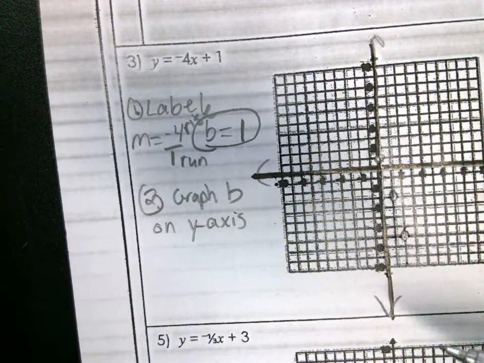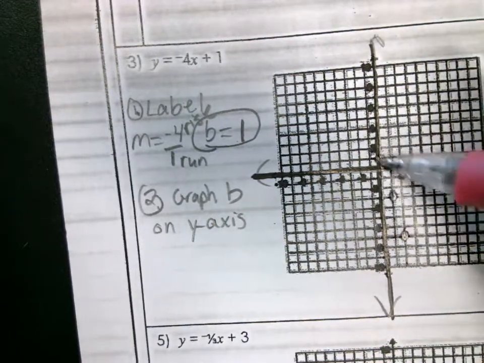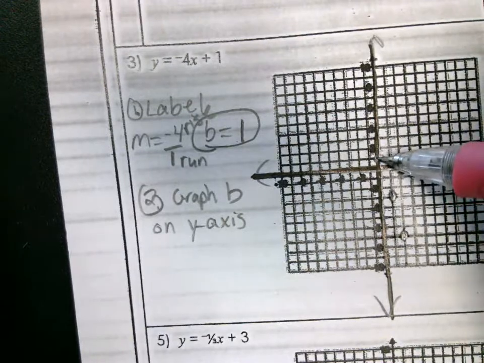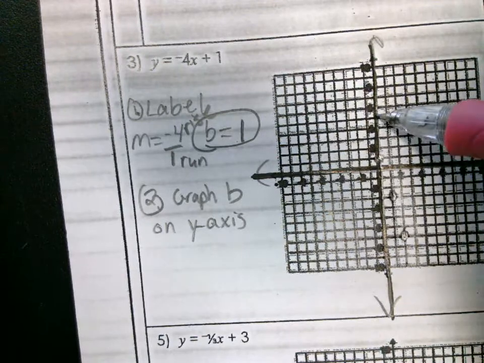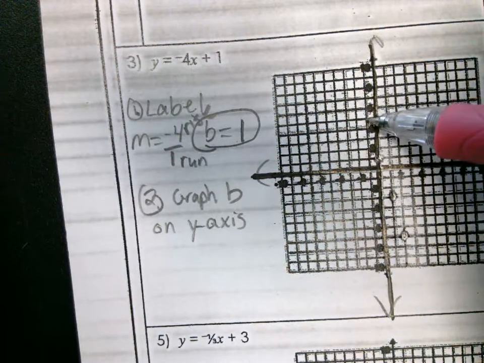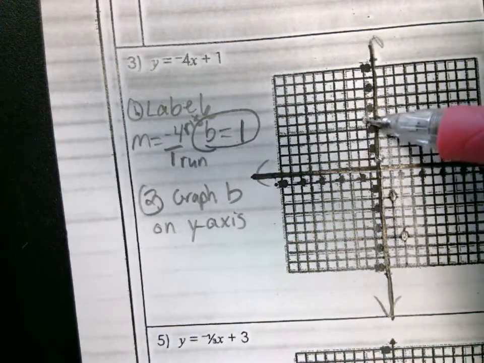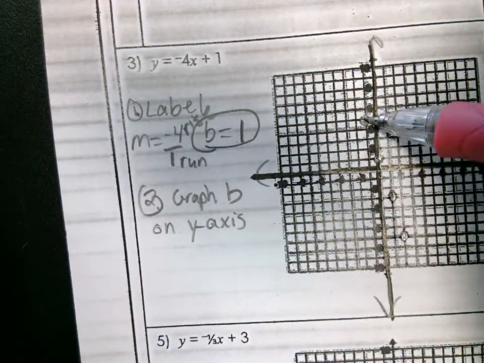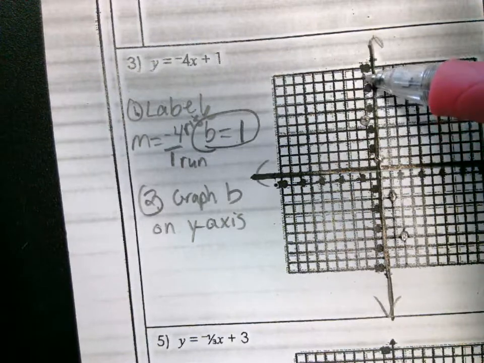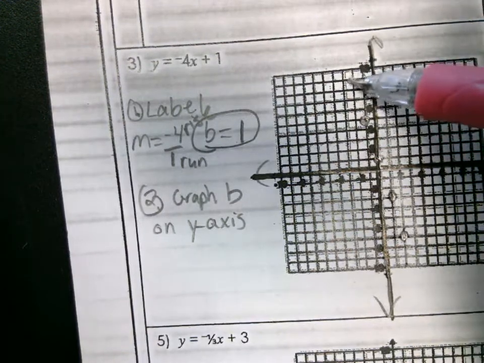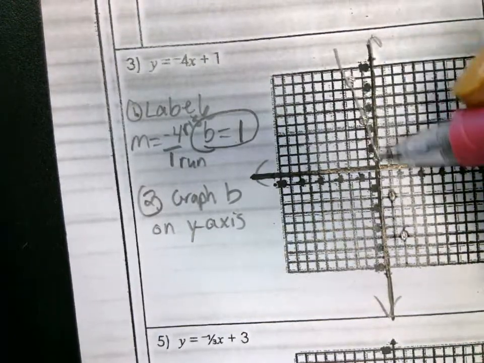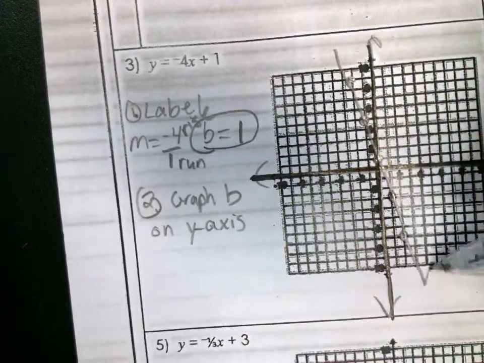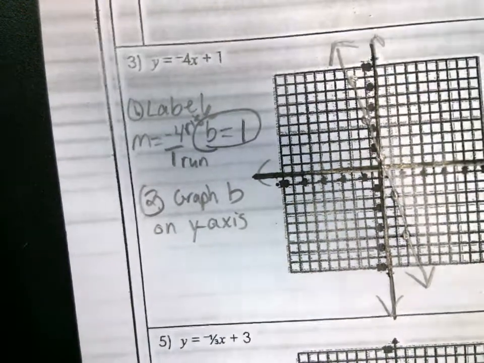Now I've got to put points in the opposite direction. So instead of going down 4, go where? Up 4: 1, 2, 3, 4, and then go where? Up again? No, to the left 1. Up, 1, 2, 3, 4, to the left 1. Okay, that's how you do it.